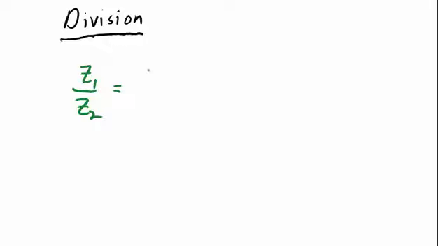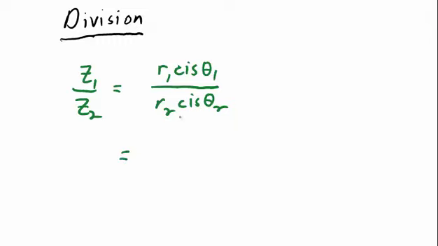equals, okay, on top, what does that really mean in cis notation? R1 cis theta 1 divided by R2 cis theta 2. I haven't stated the result yet. This is just what it is in trig form, right? The result is, okay, you're going to divide these numbers outside. This is just regular division across this division bar.